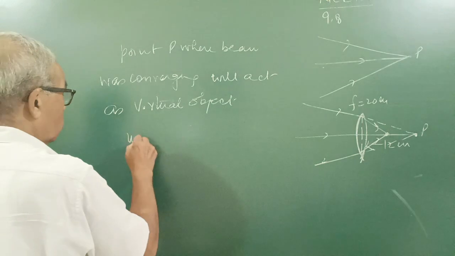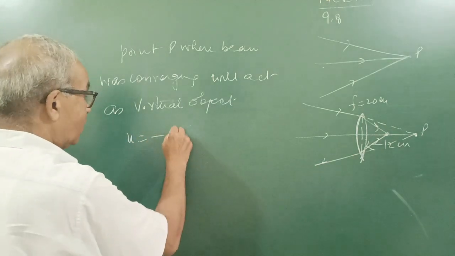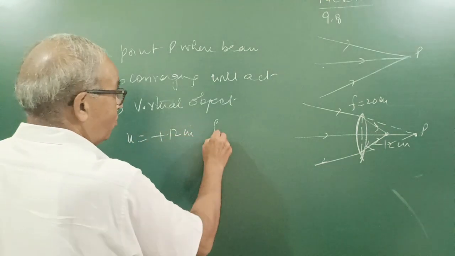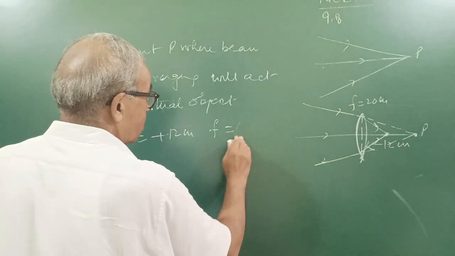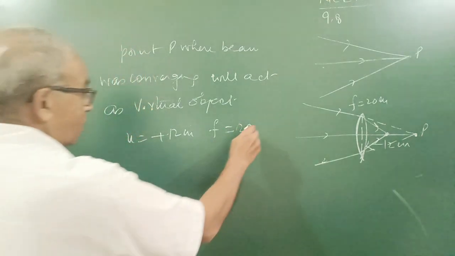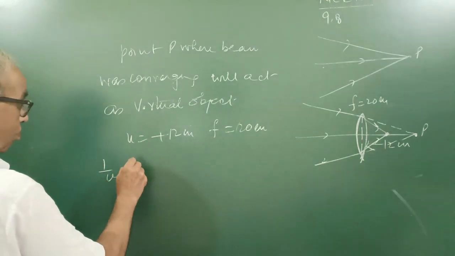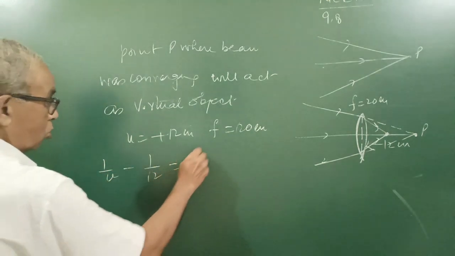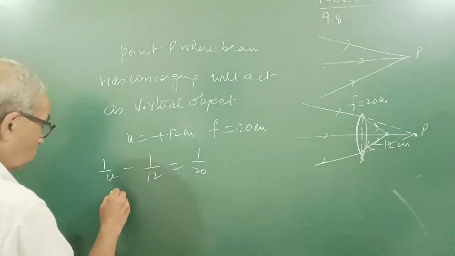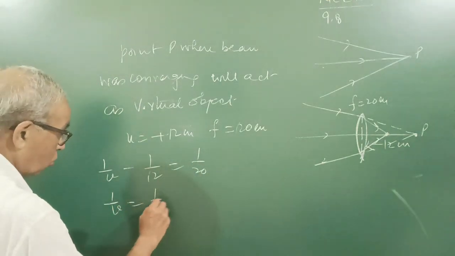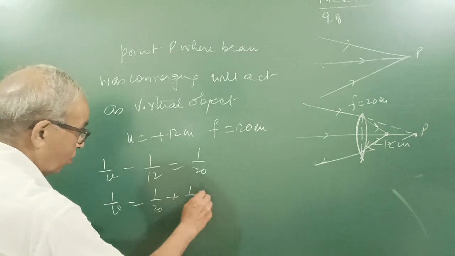So u is equal to plus 12 centimeter, f is equal to 20 centimeter. Using the lens equation, 1 upon v minus 1 upon 12 is equal to 1 upon 20. 1 upon v equals 1 upon 20 plus 1 upon 12.